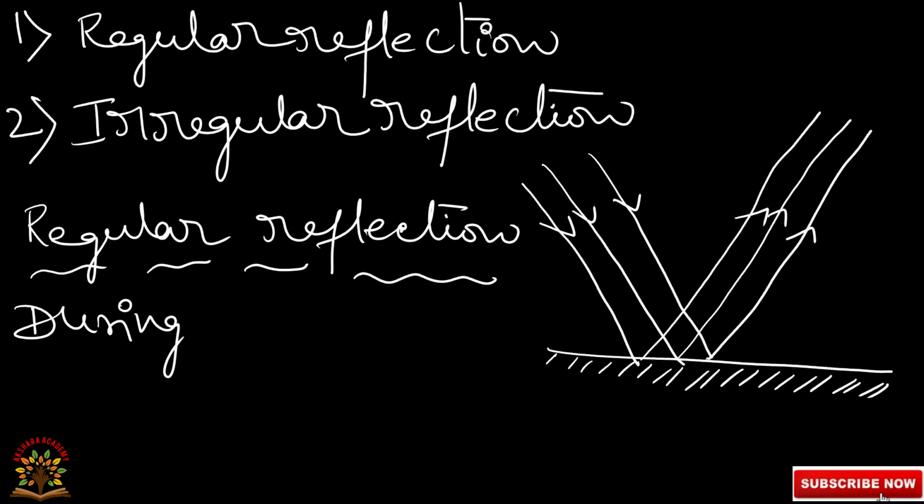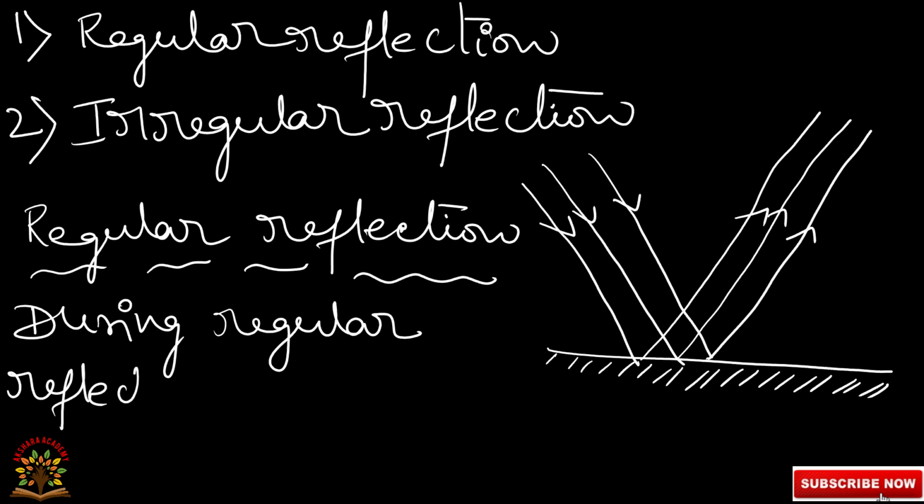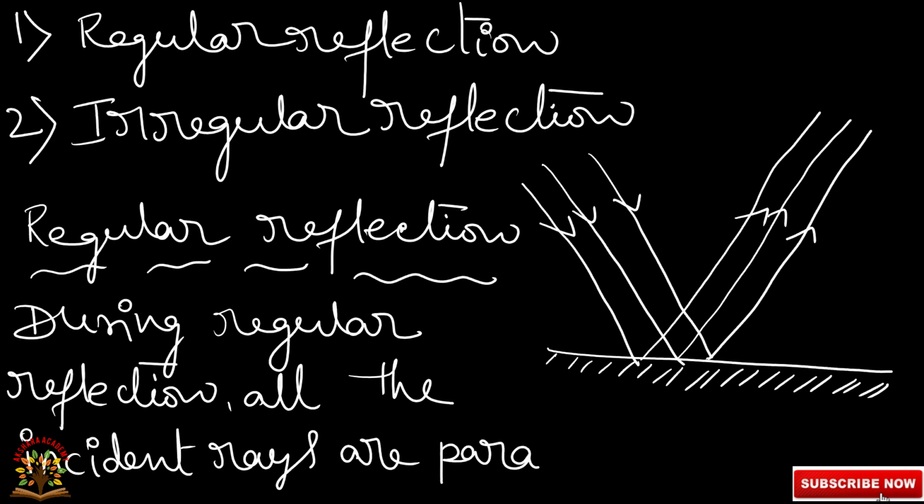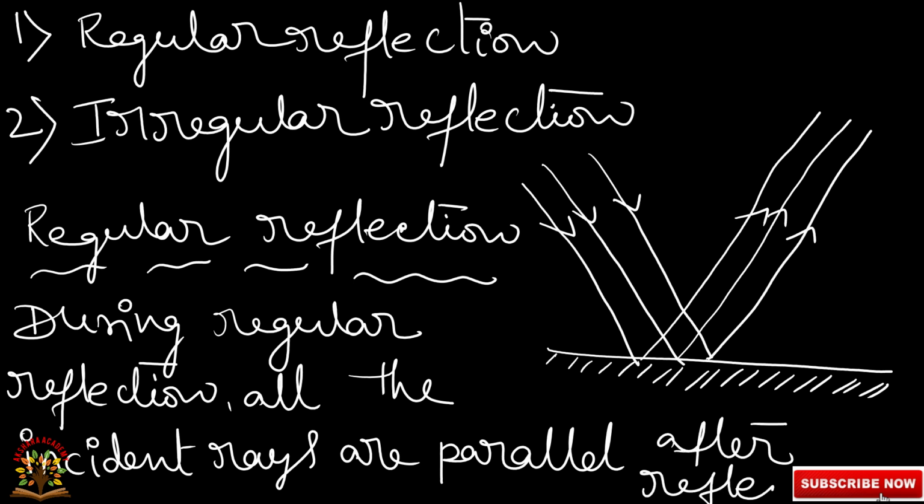So we'll write the definition: during regular reflection, all the incident rays are parallel after reflection.